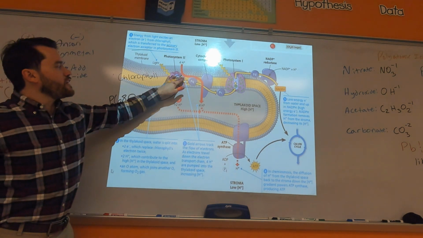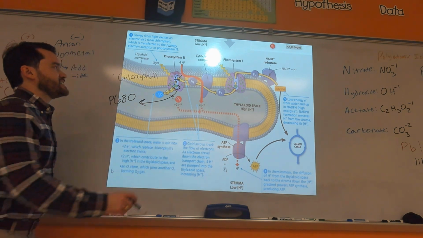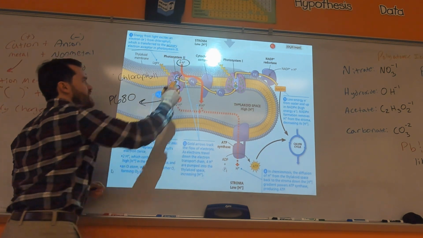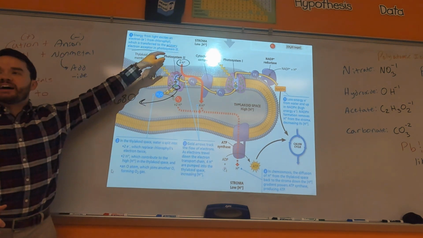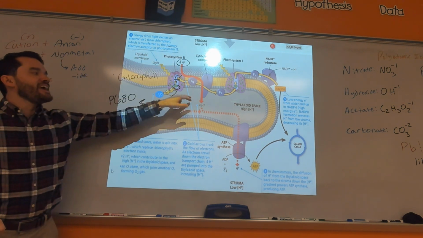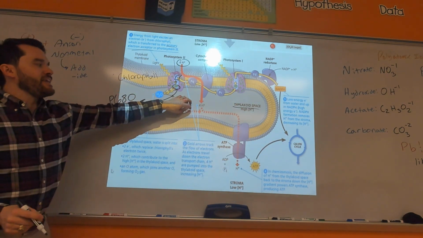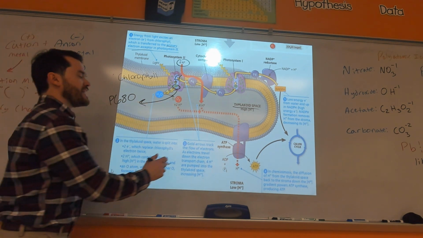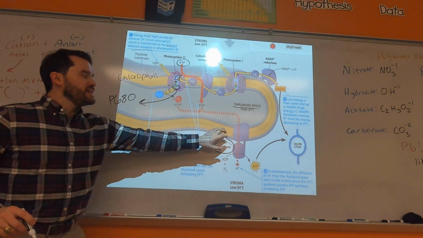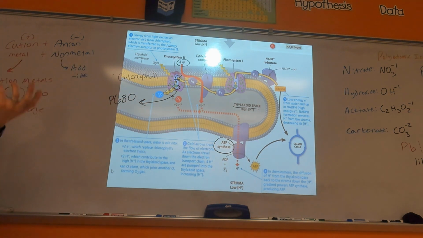And the energy of those electrons moving down the electron transport chain, the purpose of that is to pump hydrogen ions from the stroma, the cytoplasm, if you will, of the chloroplast into the thylakoid space. Okay? And then this gradient of hydrogen ions is going to be used in the ATP synthase here, this purple molecule there, and these hydrogen ions are going to flow like a wind turbine.